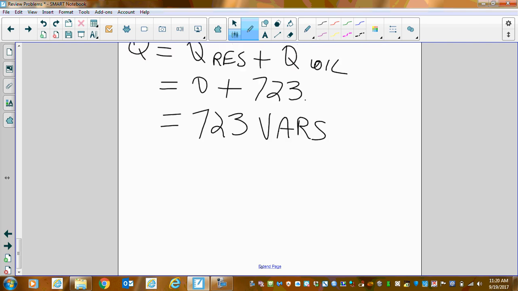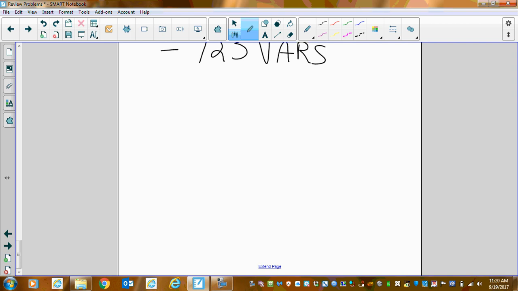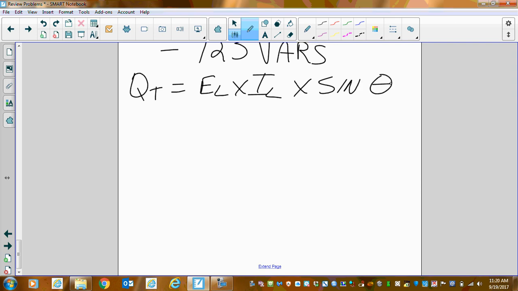Now the other way we could have looked at this, and it should work out to be the same thing. Q total should be equal to E line times I line times the sine of the angle. And I was getting 1862.